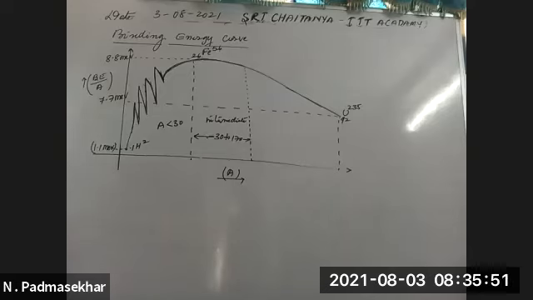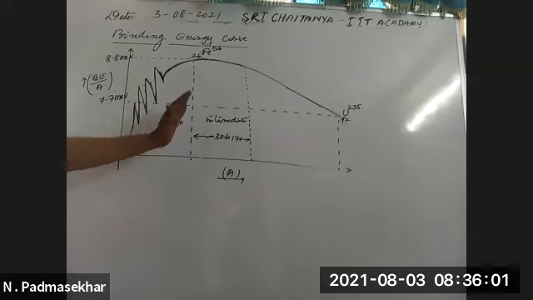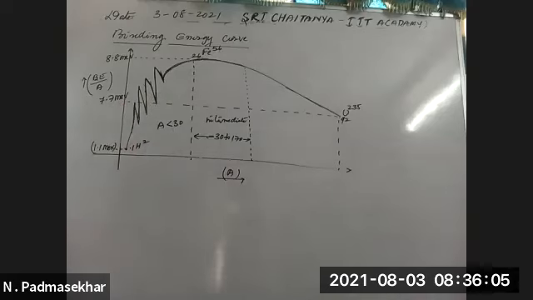Because the mass number is less, they are lighter nuclei. These lie in the left region of the binding energy curve.